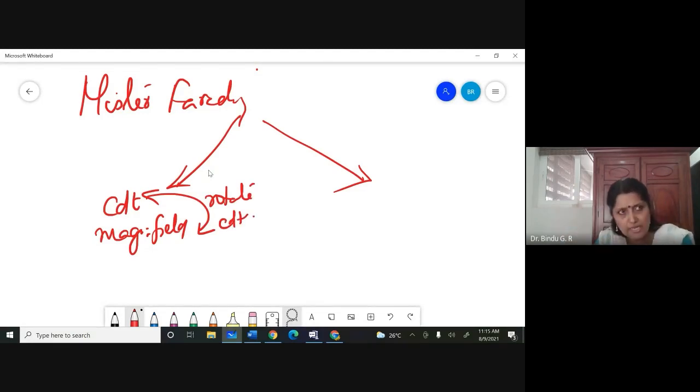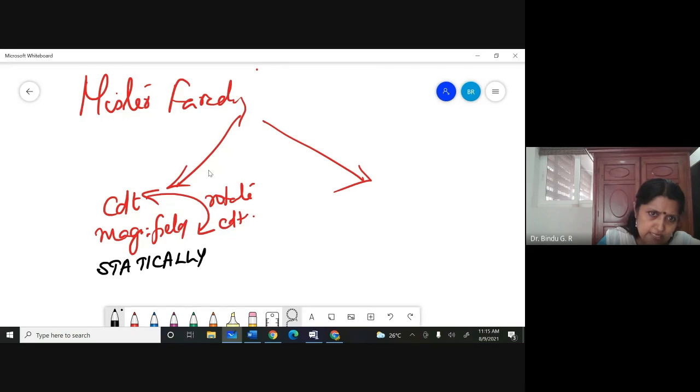When you rotate the conductor, the magnetic flux is being cut, and then an induced EMF can be produced.